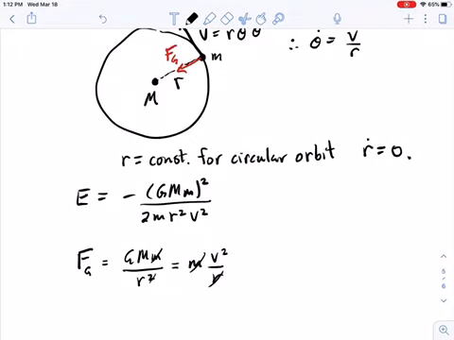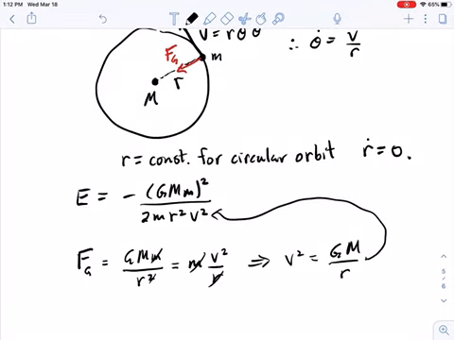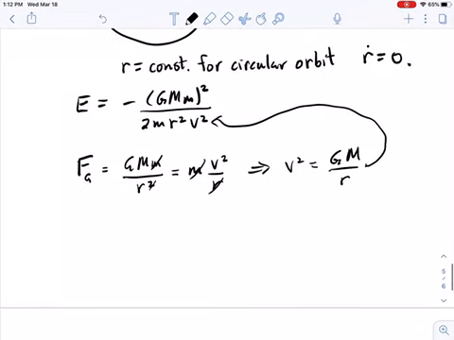Do some cancellation, and what we get is that v squared is equal to G times big M divided by r. Okay, so we make that replacement for v squared, and the energy is going to be minus G M m all squared over 2 m r squared.